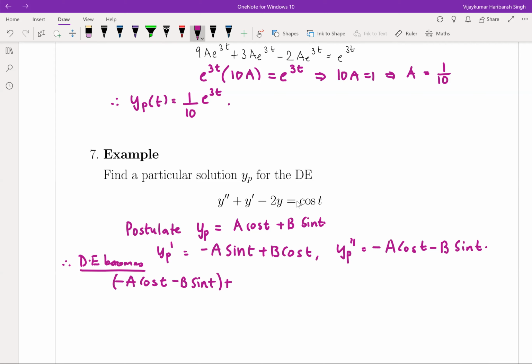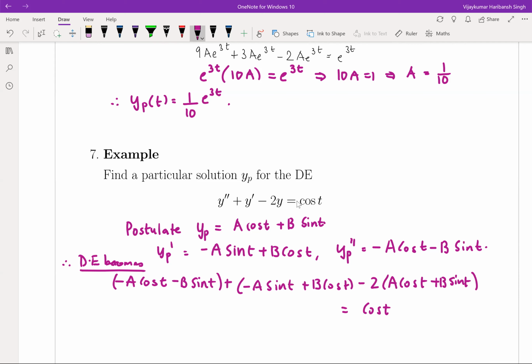Plus y prime, yp prime, which is minus a sine t plus b cos t, minus 2y, which is what? y is yp in this case. yp is a cos t plus b sine t, equals cos t.